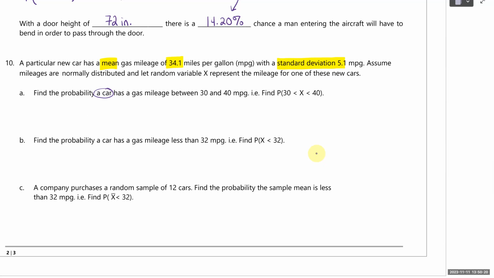I'm going to rewrite the question here just for emphasis, but the variable is X. So X is mileage of a single car picked at random. So the chances that the car has a mileage between two numbers, so probability is normalCDF, lower limit, upper limit, and then mu and sigma.